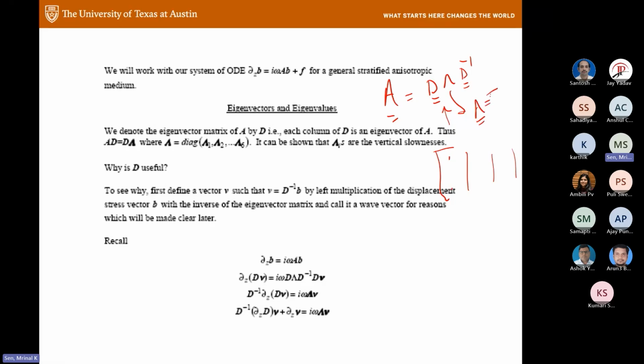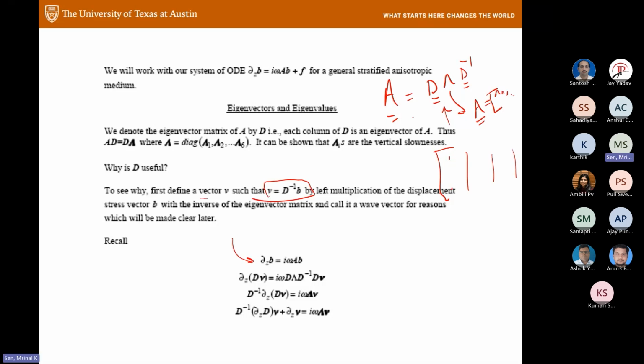It has lambda 1 1, lambda 1 2, and so on. So if you did that and you plug it into this, and now we define a vector V, which is D inverse B.